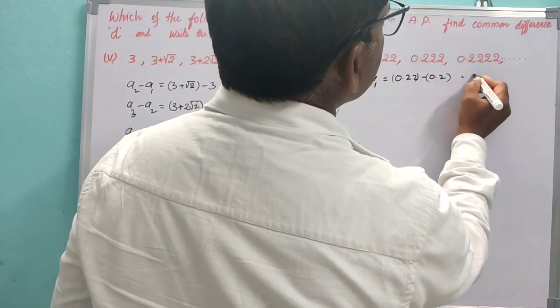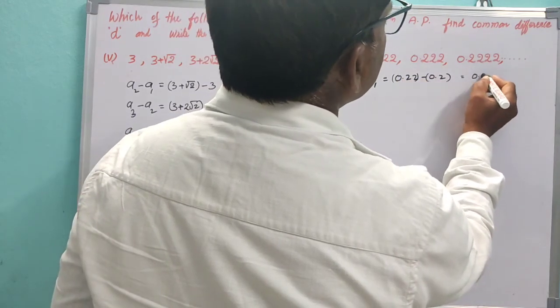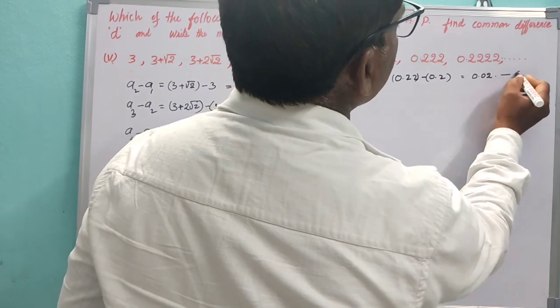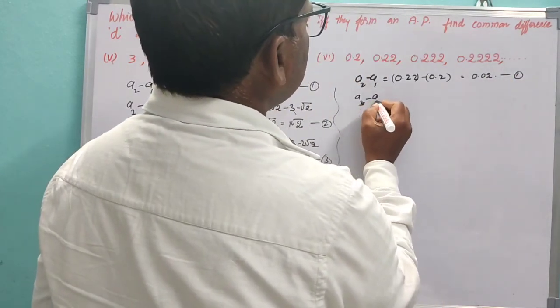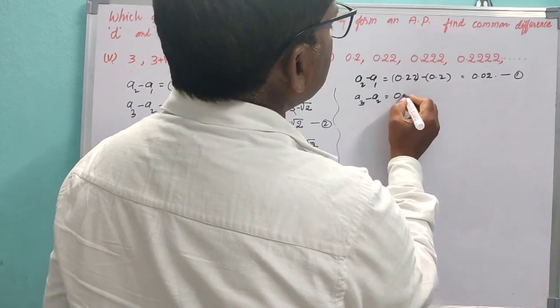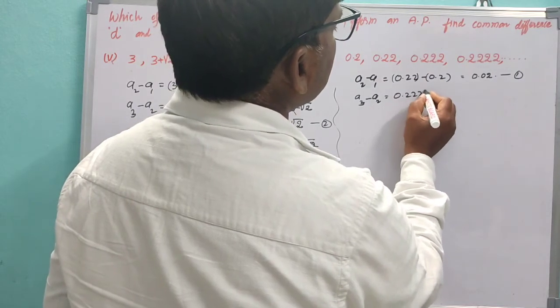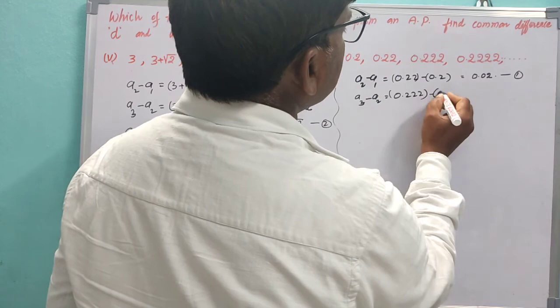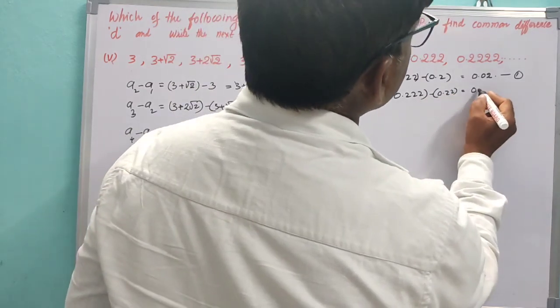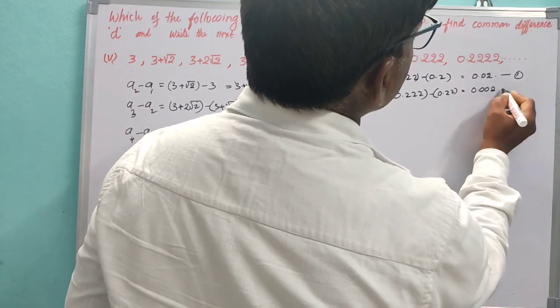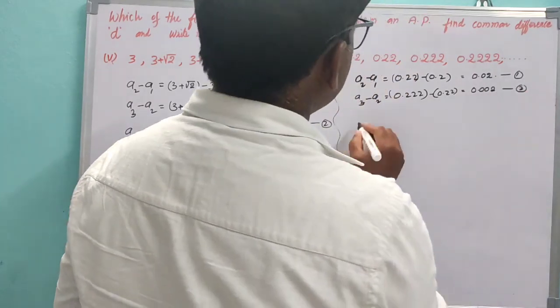So which is equal to 0.02. So let it be 1. Now again a3 minus a2 is equal to 0.222 minus 0.22, which is equal to 0.002. So let it be 2.